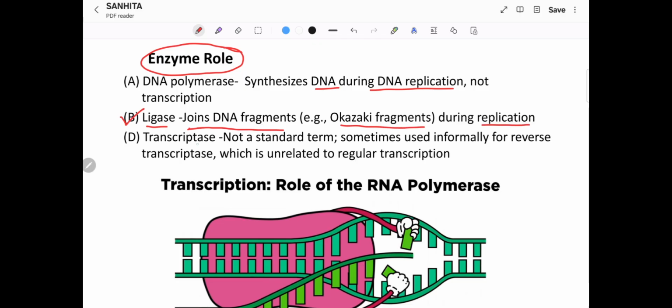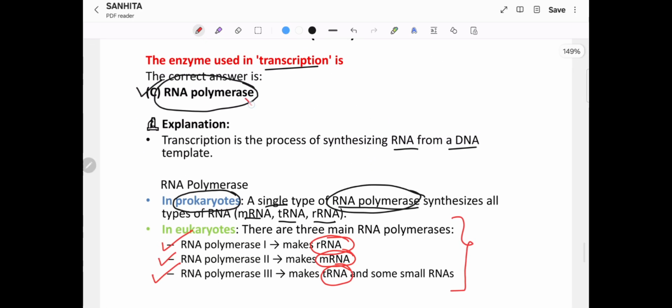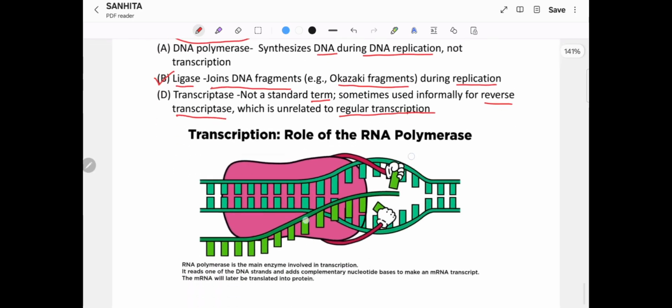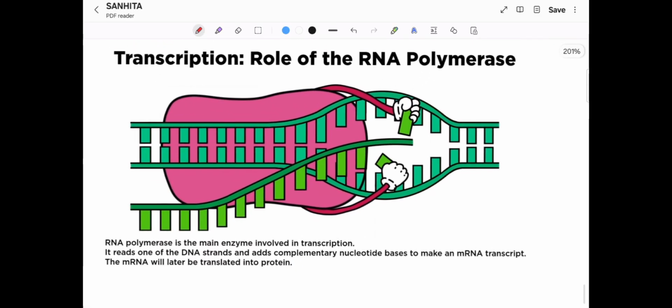And transcriptase is not a standard term, sometimes used informally for reverse transcriptase, which is unrelated to regular transcription. So the left one is C, RNA polymerase, and that is the correct answer.